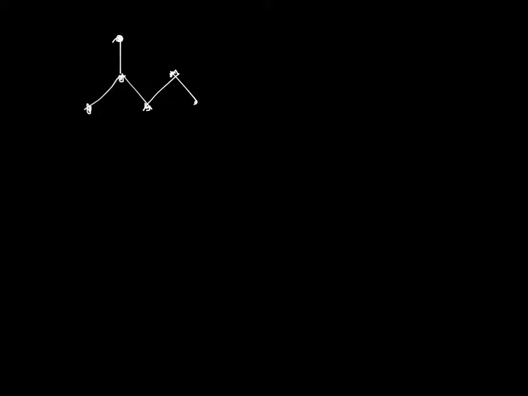There we go. So I would expect you to be able to name this one, first off. 2-methylpentane. Okay. All right. And I will help you draw the axes, that kind of stuff.